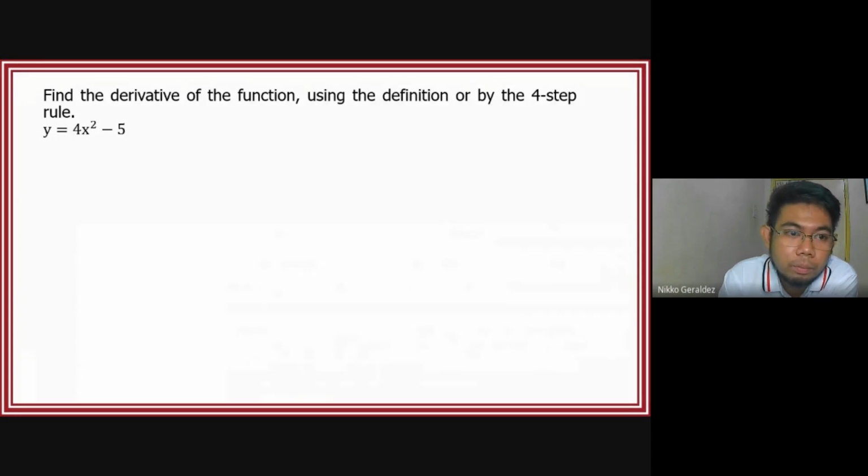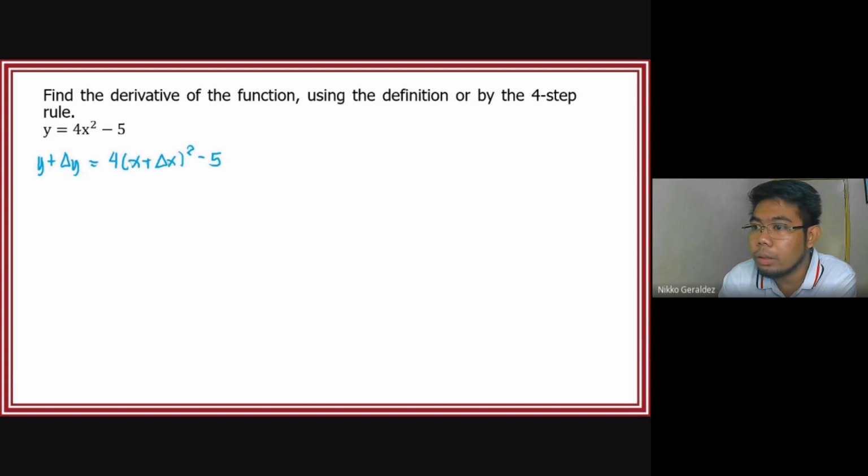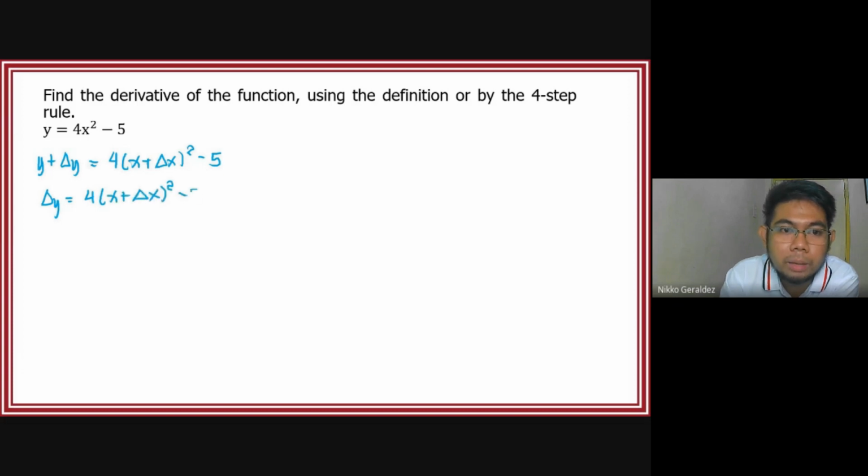So we have y plus delta y equal to 4 times x plus delta x squared minus 5. Next, subtract y from both sides of the equation to find delta y. So we have delta y is equal to 4 times x plus delta x squared minus 5 minus y.